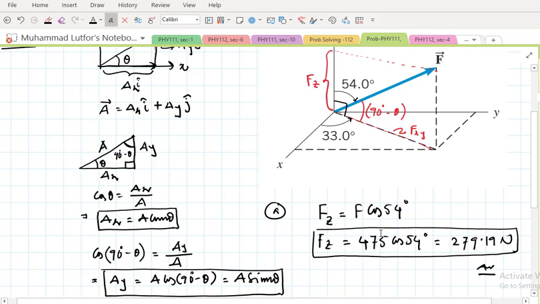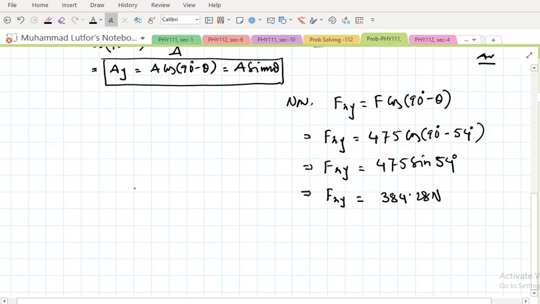Now this F xy creates an angle of 33 degrees with the x-axis. Now I can use that for the x-axis.